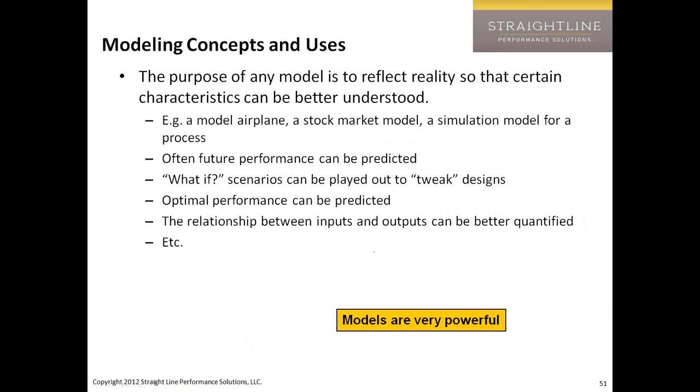A stock market model may help or may not help you predict the stock market. Or there may be a simulation model for a process that you could use. Often the key thing is that we're trying to predict future performance. We can play out what-if scenarios, and we can tweak the designs if we have a good model, to see if we can find better solutions.